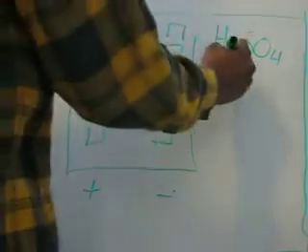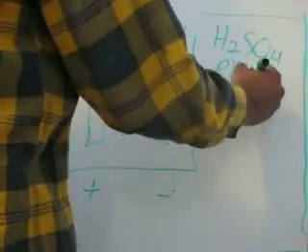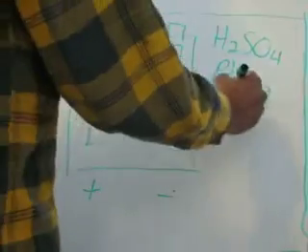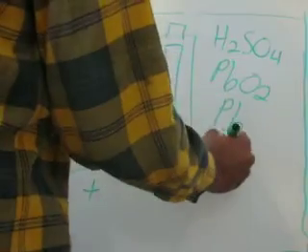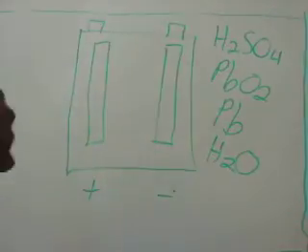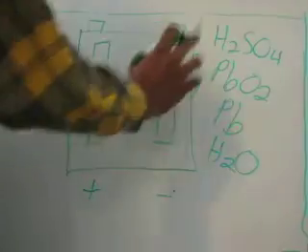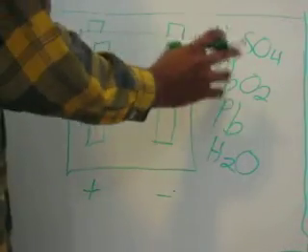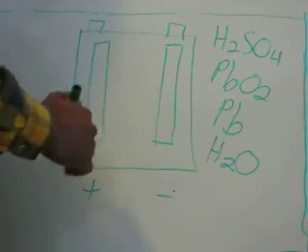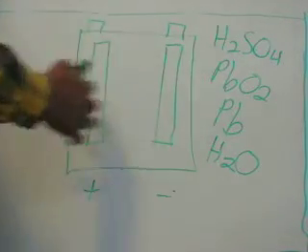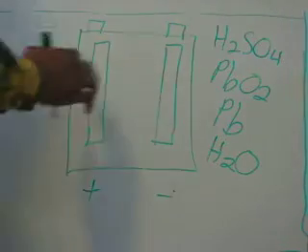The positive plates are going to be lead oxide. The negative plates are going to be just regular lead, and you're also going to have water in there, which is H2O. The chemical reaction that occurs between these substances is what produces the current, or the difference in potential between the poles.